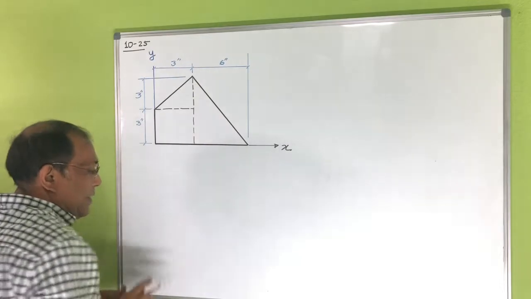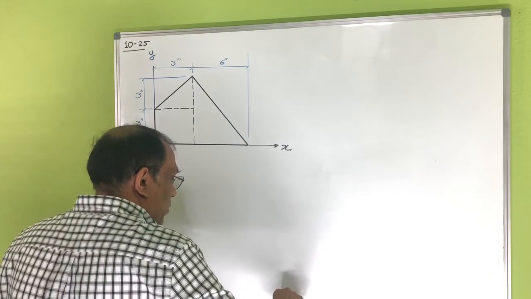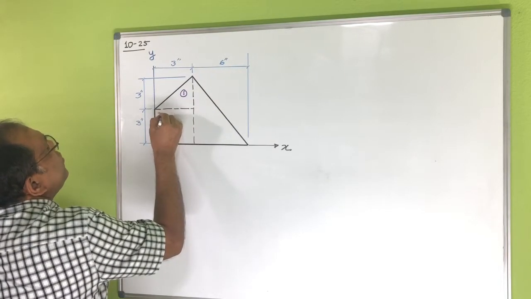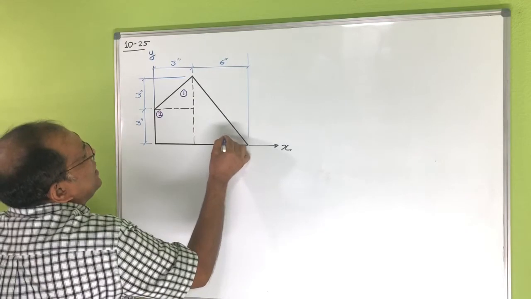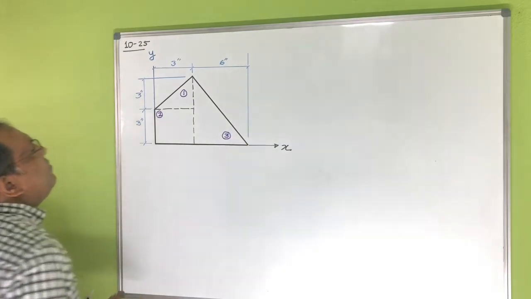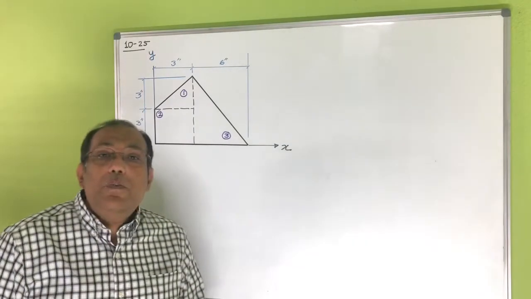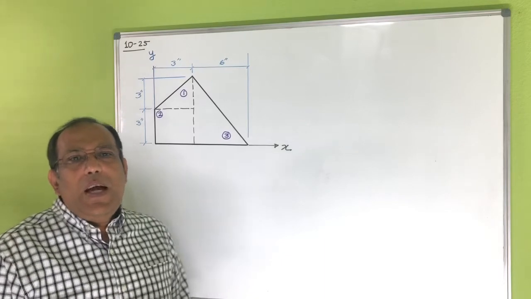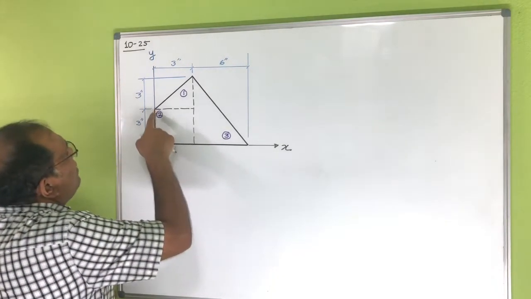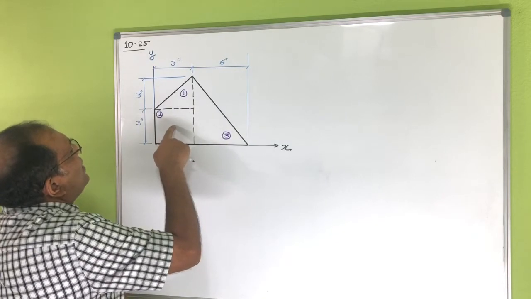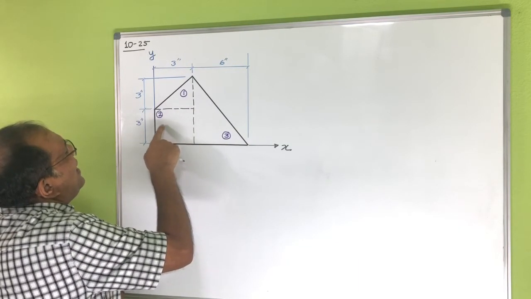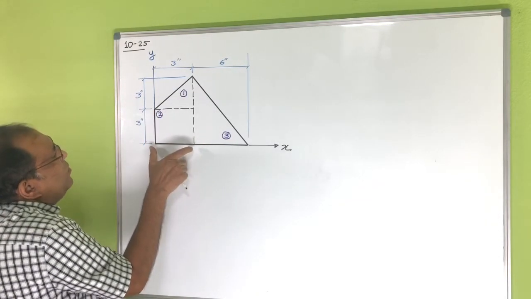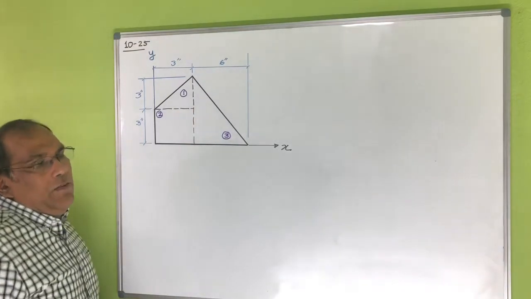So this is my component A or component 1, this is 2 and this is 3. If you add 1 plus 2 plus 3, you get the composite. We know the centroidal axis is at the middle here, and at that axis the moment of inertia of this square would be b h cubed by 12.